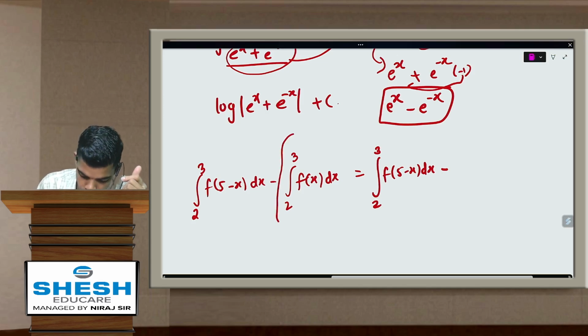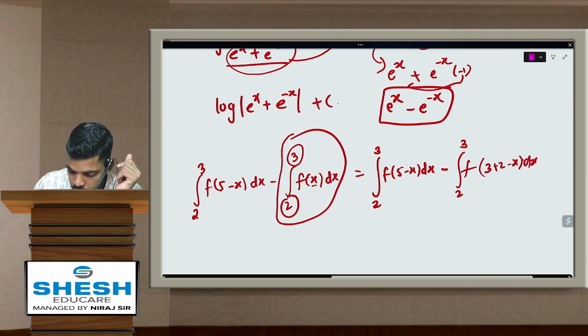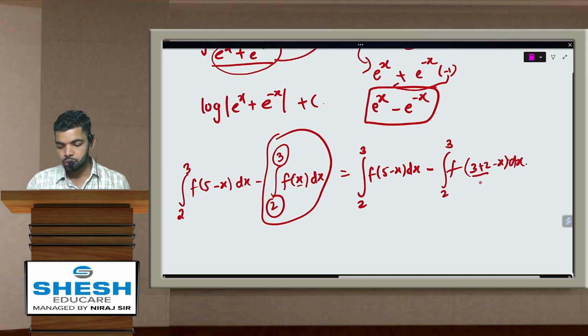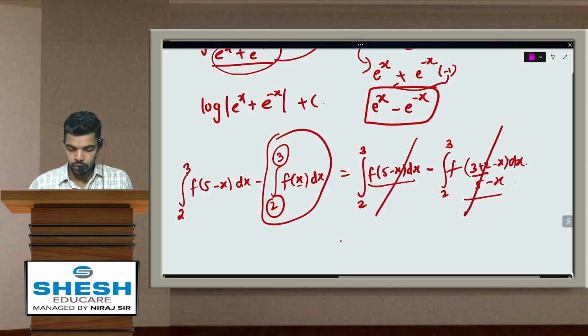What will this be? We will apply the a to b integration formula. We can write this as f of this plus this minus x, 3 plus 2 minus x, into dx. Now what is 3 plus 2? 5 minus x. This and this both are the same, right? Both of them are the same. So what we will cancel? So the answer will be 0. The answer is 0.